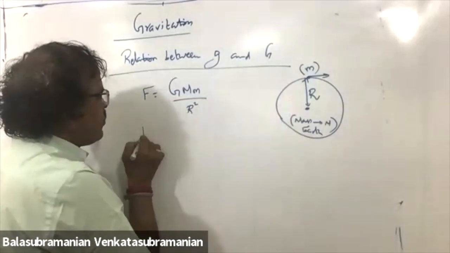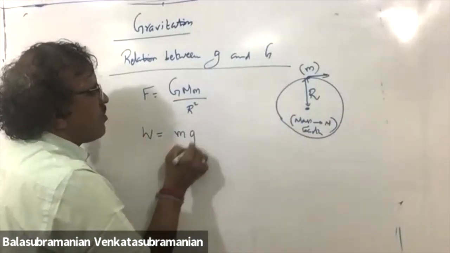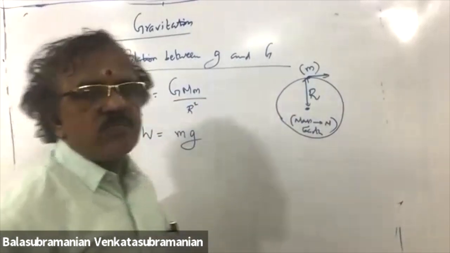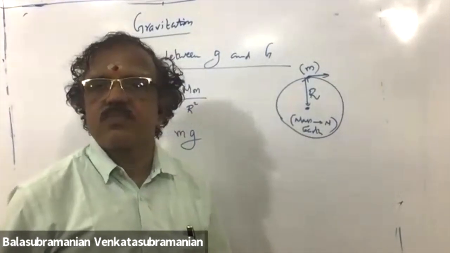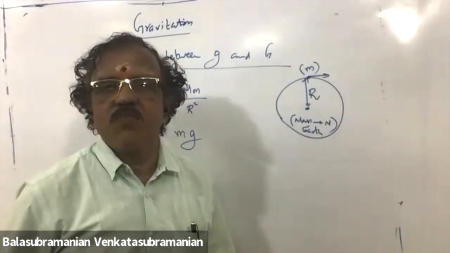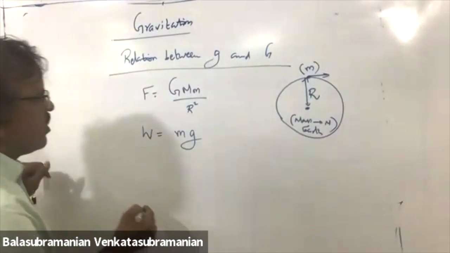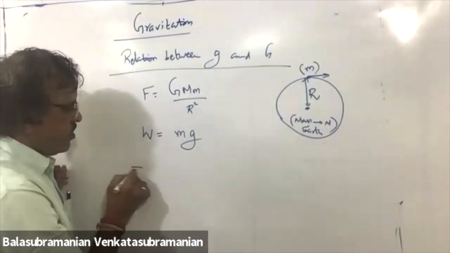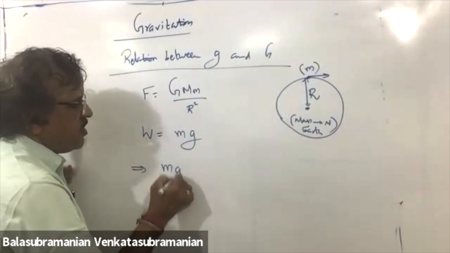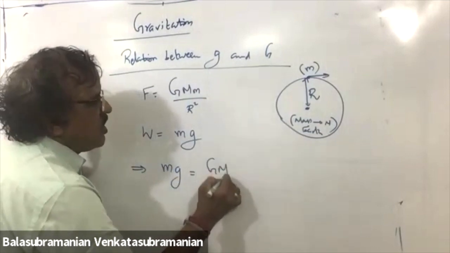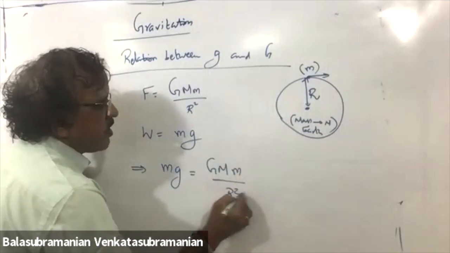The weight experienced by the body on the surface is mg. Mass is m, weight is mg. Equate, both are attractive force. mg is equal to G M m by R square.